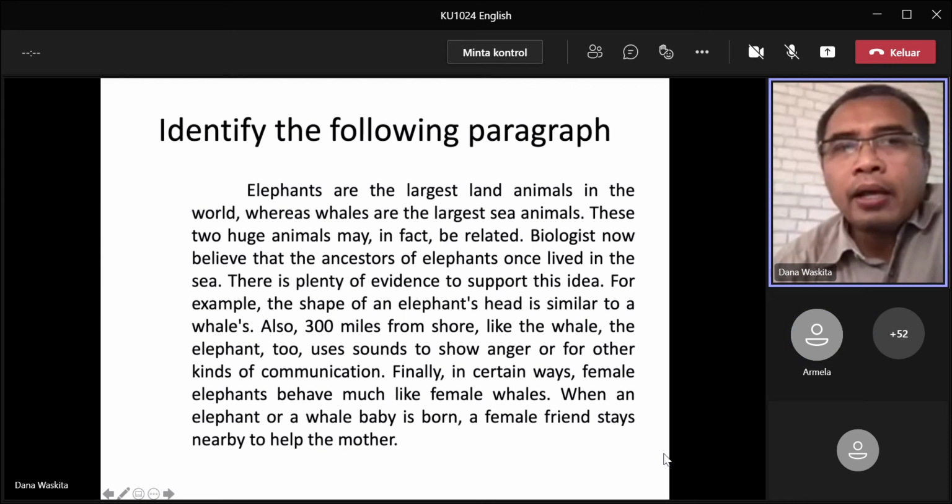But do you think that this is the main idea? Elephants are the largest land animals in the world, whereas whales are the largest sea animals.